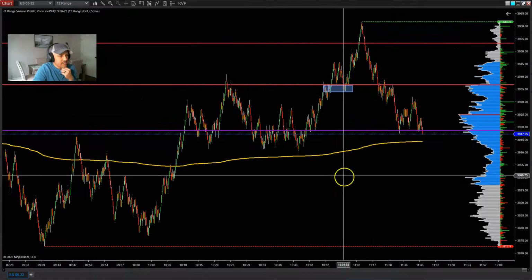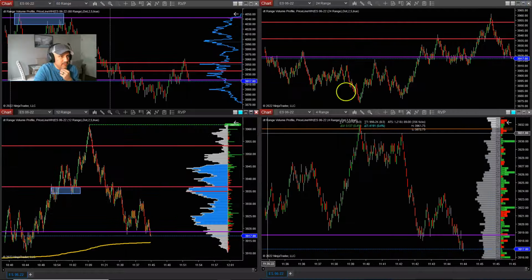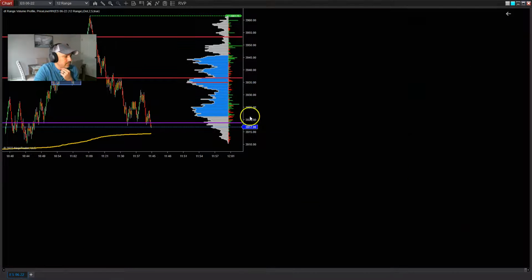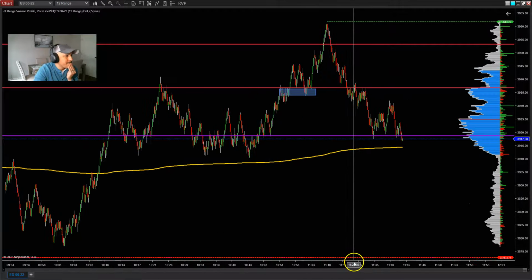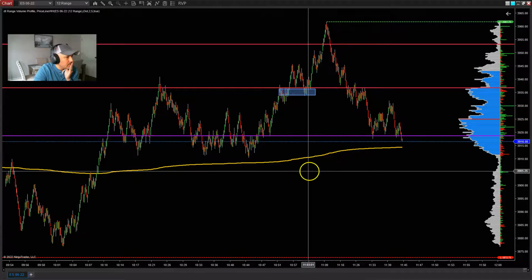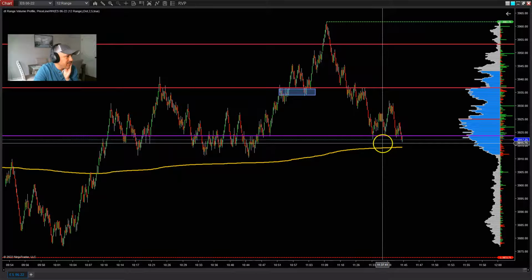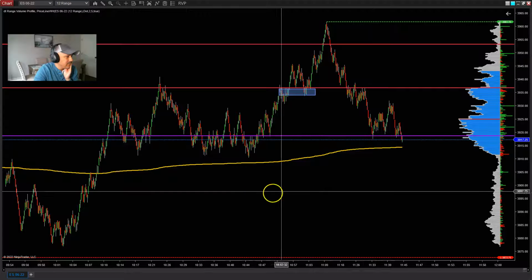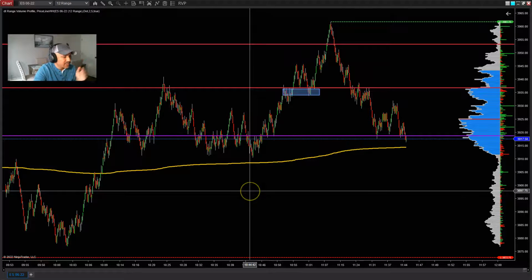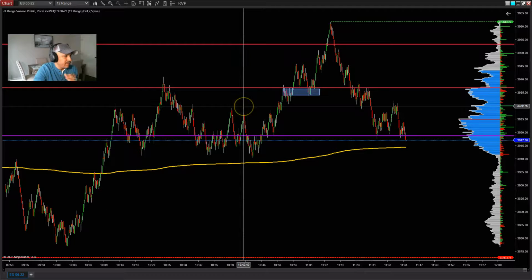Let's blow this 12 range chart up and see what we got. This yellow line you guys see here, that's just the VWAP. I don't even really use it in my trading. Some people do. I'm a pure price action trader, guys. I just use price, pure supply and demand.